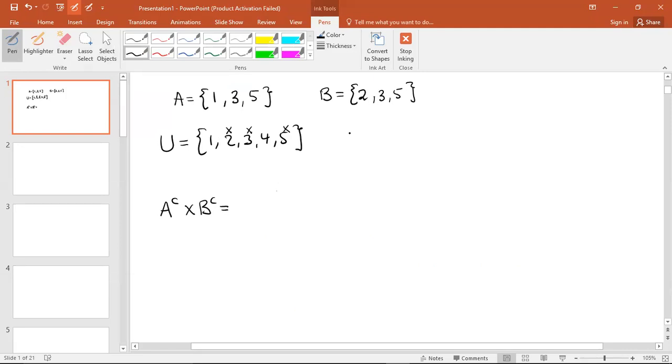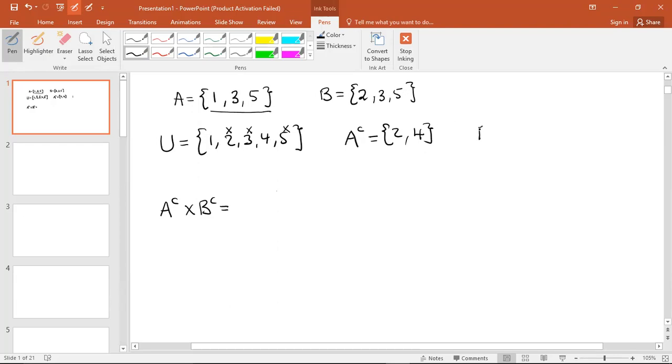From what we have, of course, everything should be compared to the universal set, not to B, not to A. So when you come to A, compare it with the universal set and take the elements that are not in A but are in the universal set. 1 is in A, 2 is not in A, so it's in the complement set. 3 is in A, 4 is in the complement set, and 5 is in A. So this is A complement: elements that are not in A but are in the universal set.